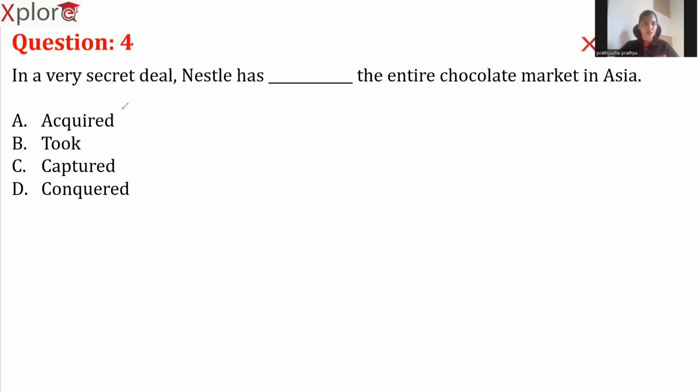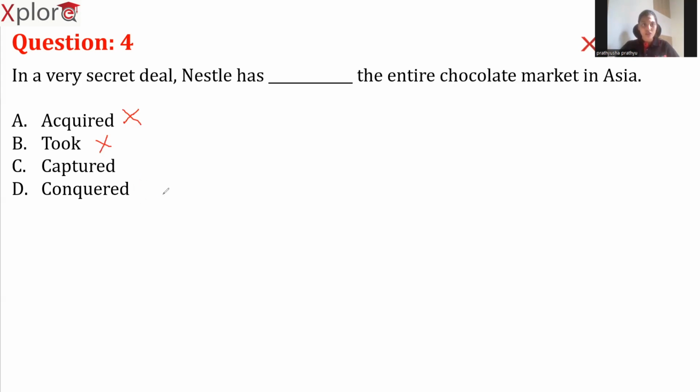Now, you cannot use Nestle has acquired the entire chocolate market in Asia. Why? Because acquired means to buy something, and Nestle hasn't bought the entire chocolate market in Asia. So we cannot use this. And taking means if someone gives you something and you take it, then it is referred to as take. However, here it has a different meaning.